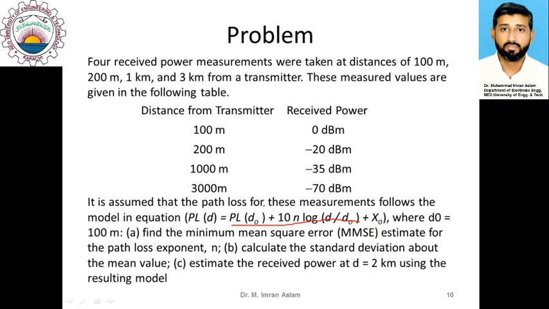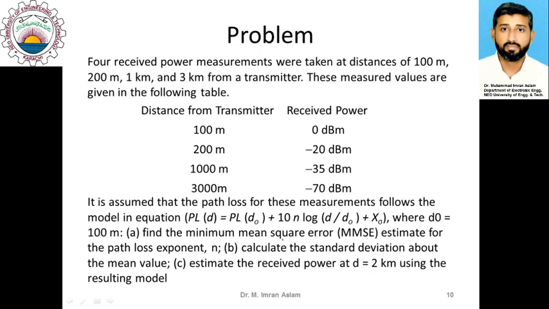As we know, in modeling the system we generally take a reference distance d naught, and for this problem we are taking d naught to be equal to 100 meter. So this first value represents the reference value where we are using the measurement at the reference point.